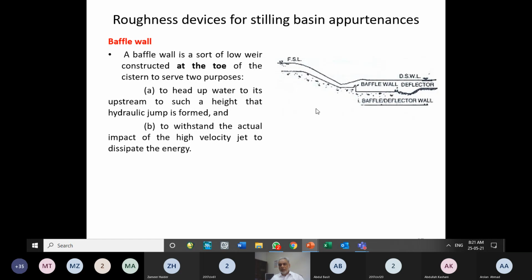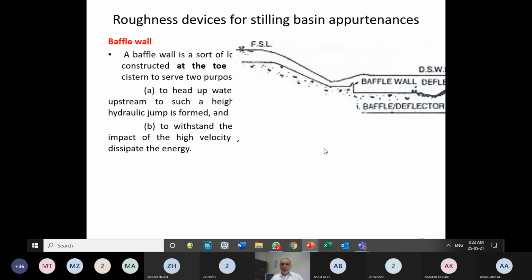That increased depth of water is sometimes required if we want to create a cushion, or if we want to place a good hydraulic jump. Then higher water depth is required, and this baffle wall can help us to provide a cushion and the higher water depth. This will ultimately result in dissipation of the energy.